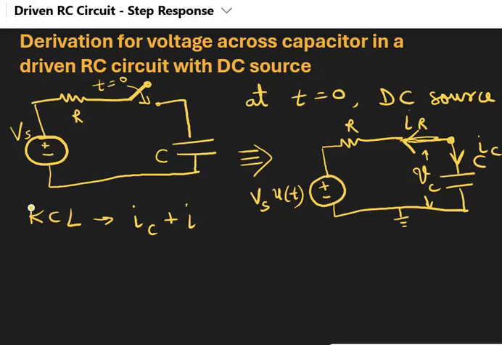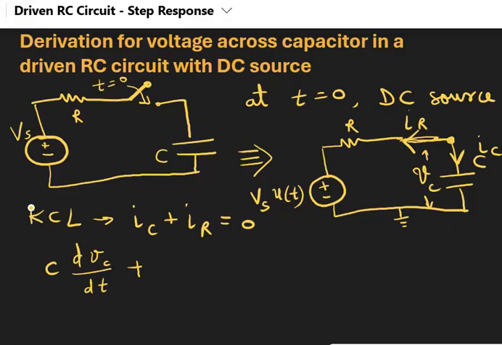IC plus IR equals to 0. Now IC is the current through the capacitor. We will take it as C dVc by dt, plus now IR, the current through the resistor.